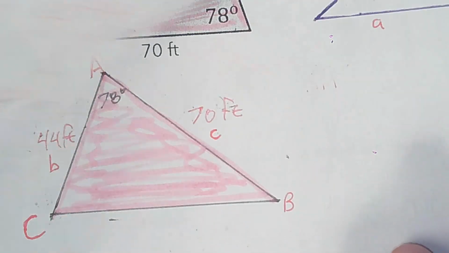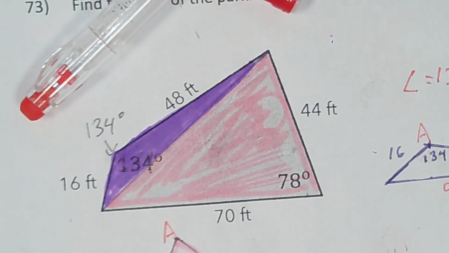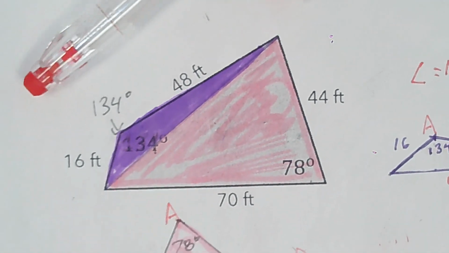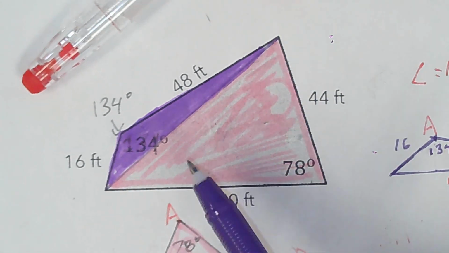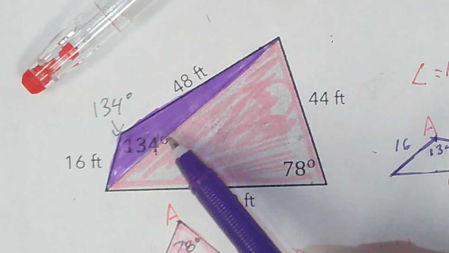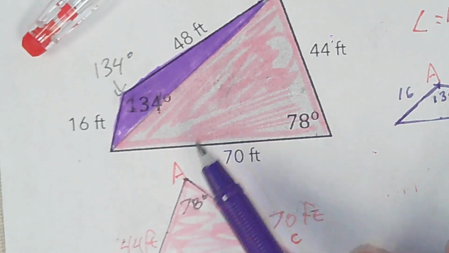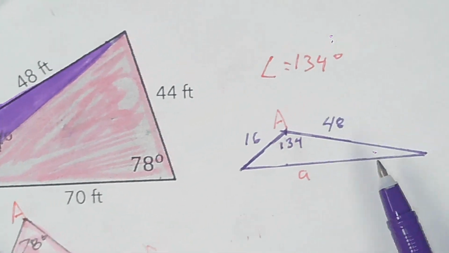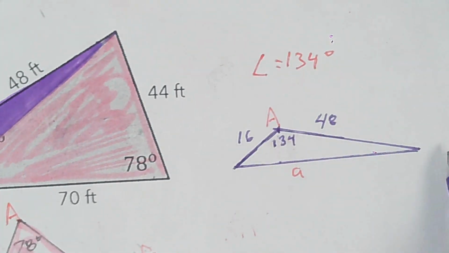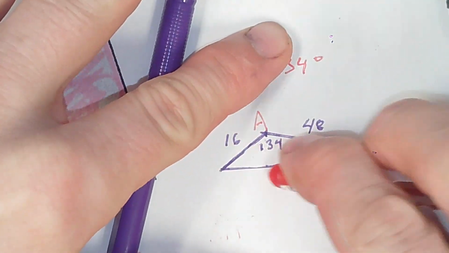Okay, so here we have this quadrilateral that you can break into a purple triangle and a pink triangle, and I rearrange the orientation of that into these right here. I really don't need to know this length here, right?